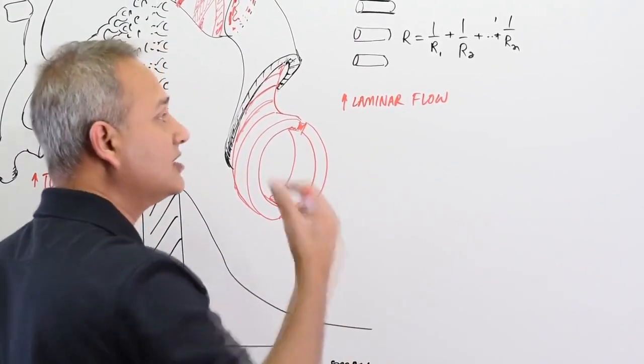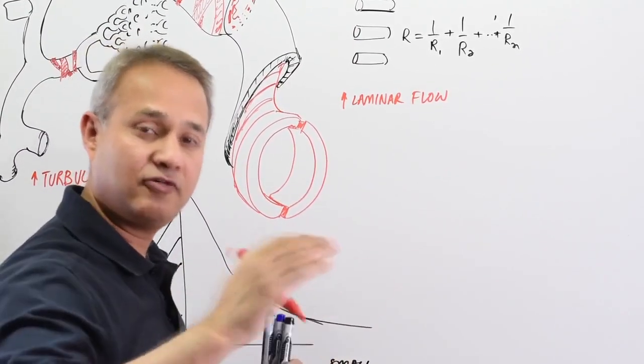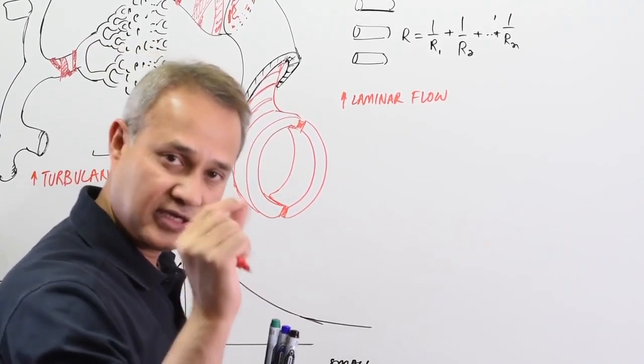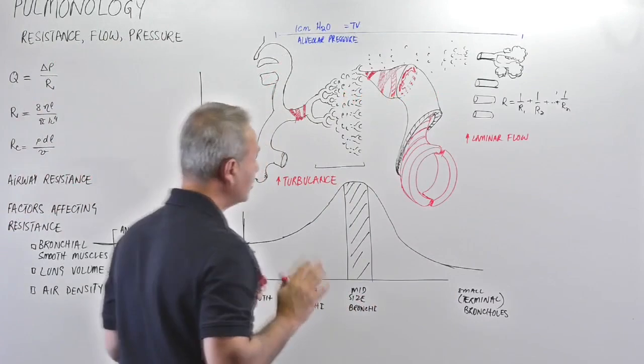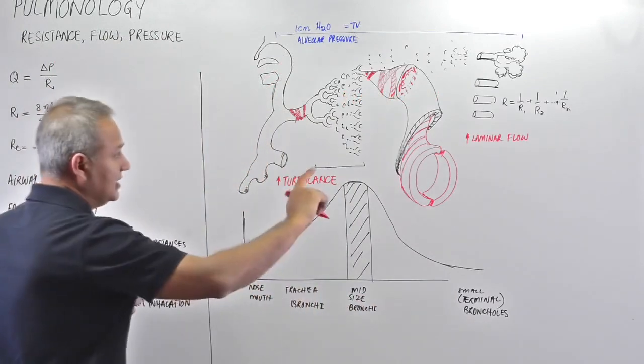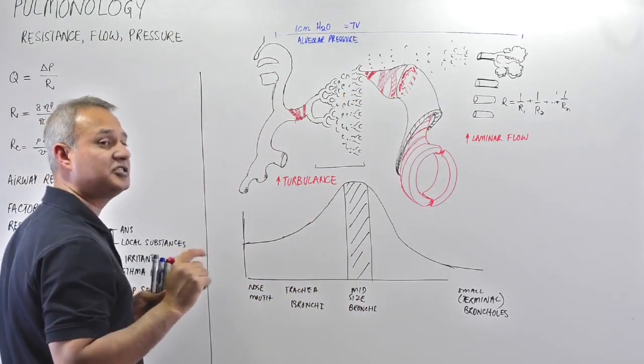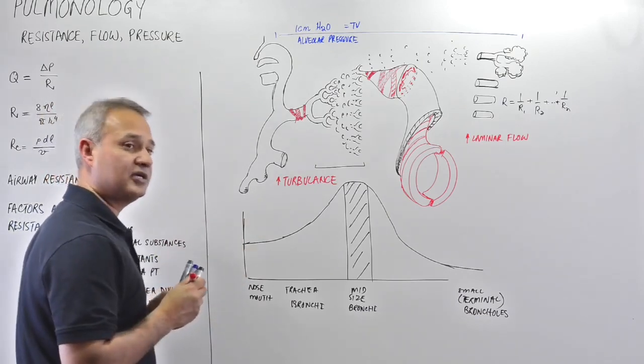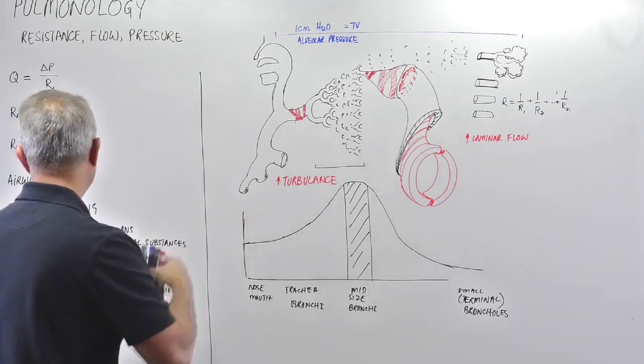Why is that? Because their diameter is so small that they only allow a very small amount of air to pass. Okay, got it. So that is the relationship of resistance and why the resistance is higher in the bigger airways.